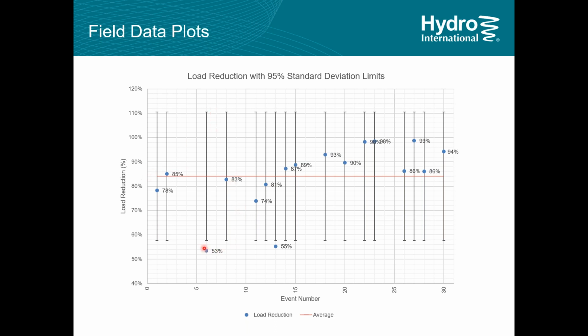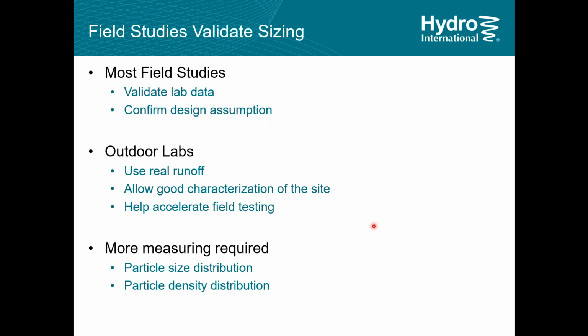But your standard deviation shows that some of these storms and the results fall well outside the norm. Hopefully most fall inside, and you go, okay, how do I use this? This is all stuff that you spend a lot of time staring at going, what does it mean? What happened down here? What changed on site? Why were these ones poor? Why were these ones so good? So you try and develop all that.